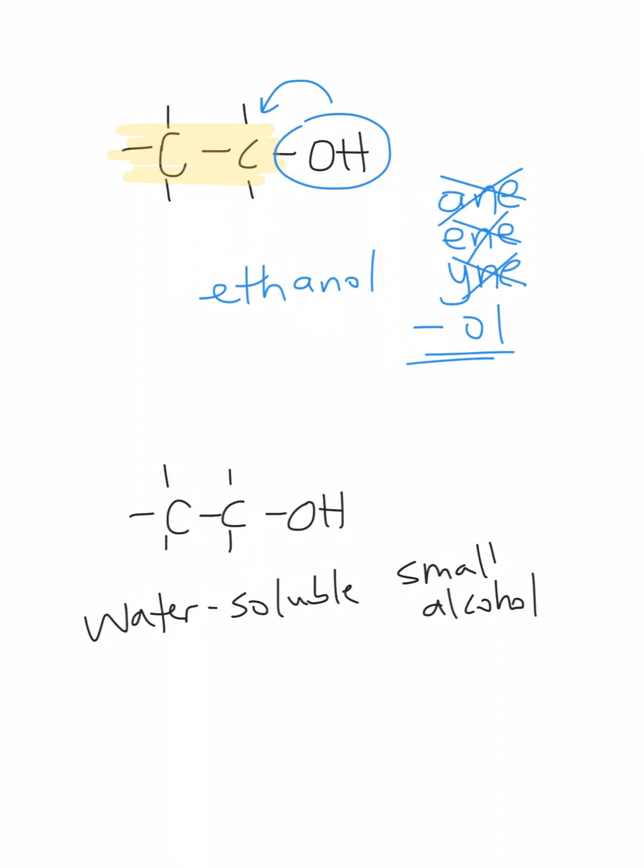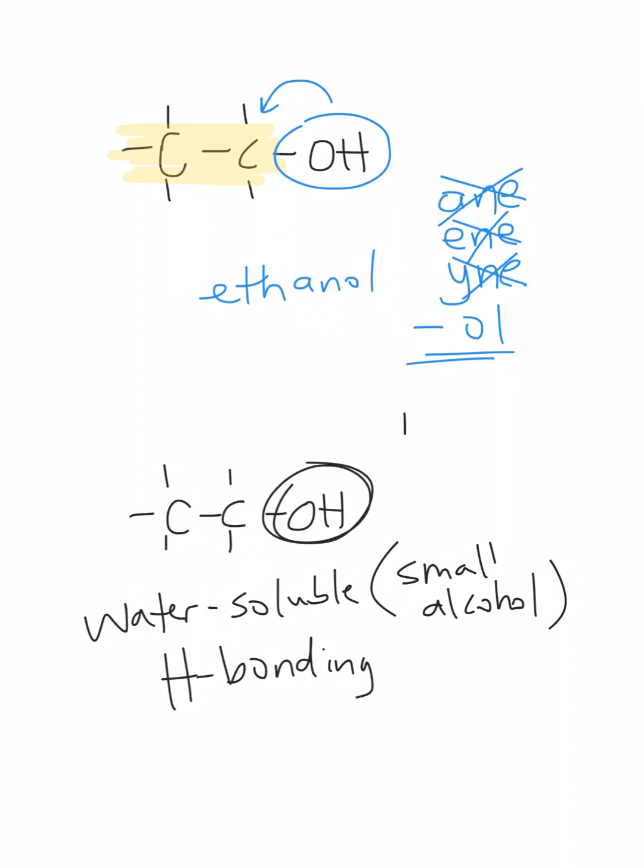What helps it be water soluble is its hydrogen bonding capability with water. Because it has this OH, the hydroxyl group, remember that a hydrogen bond is always a strong force of attraction between an N, an O, or an F on one molecule and an H on an adjacent molecule.